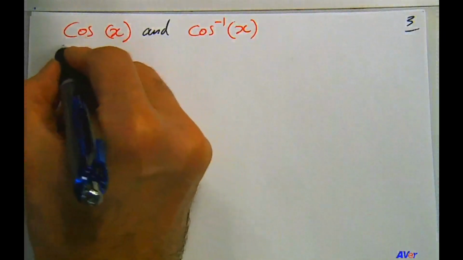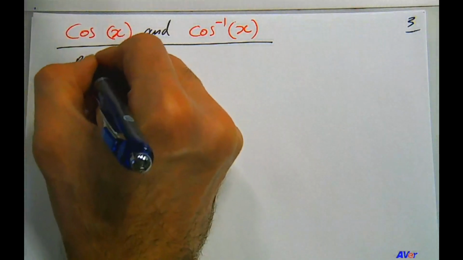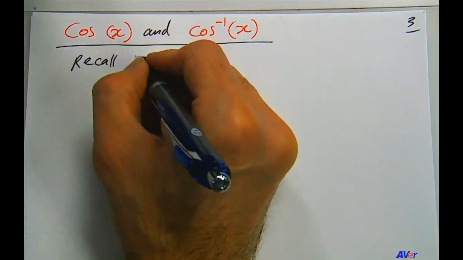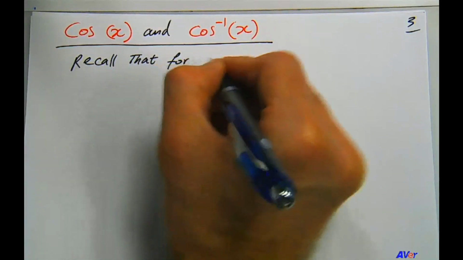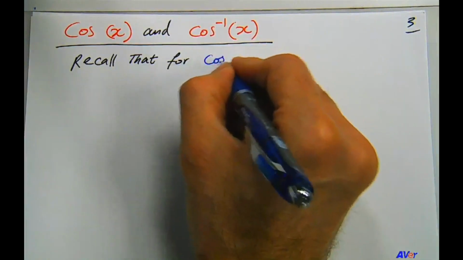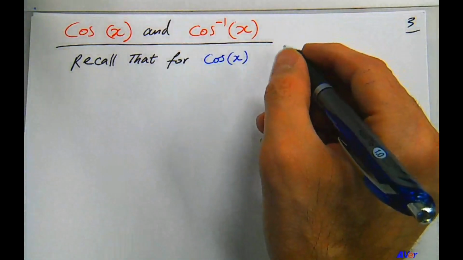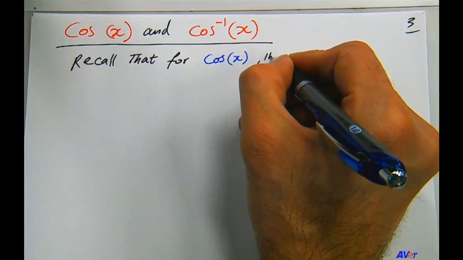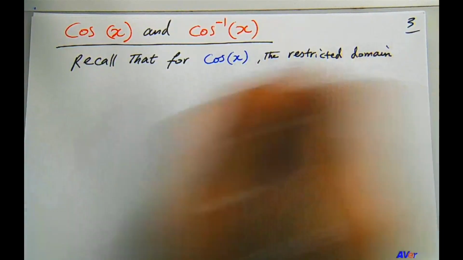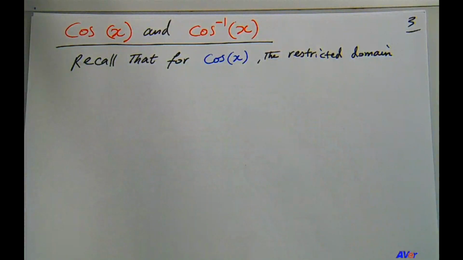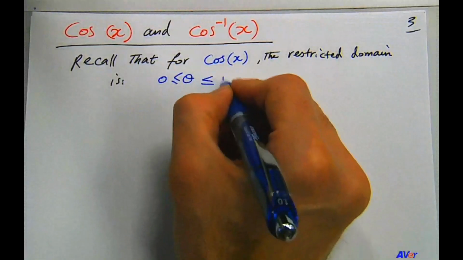Once again, we want to recall from our discussion of section 5.5 that for cosine of x, the restricted domain is theta being between 0 and pi.